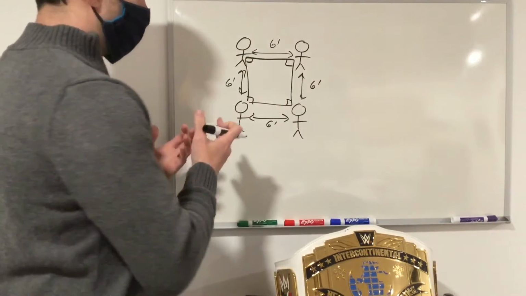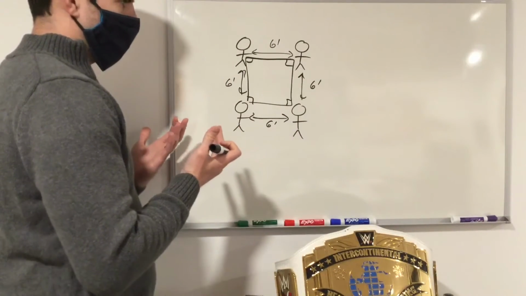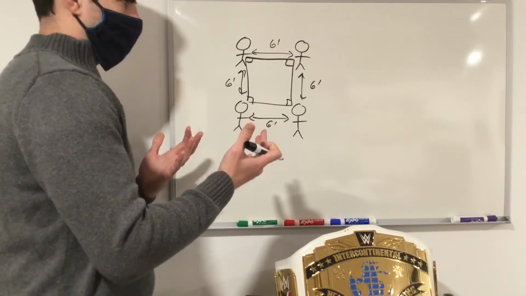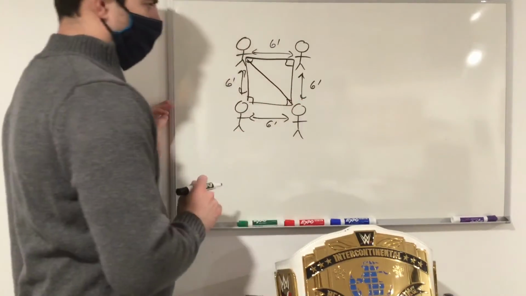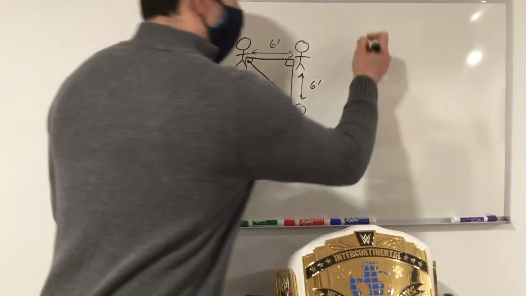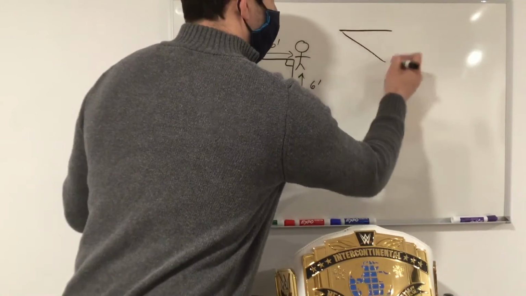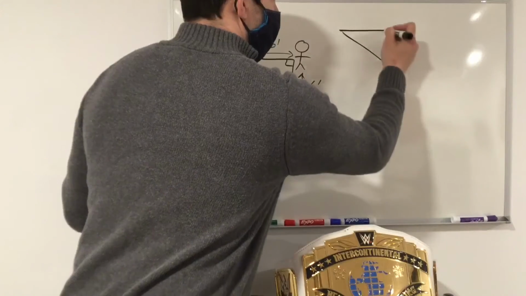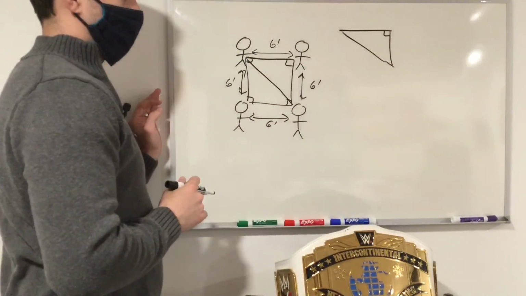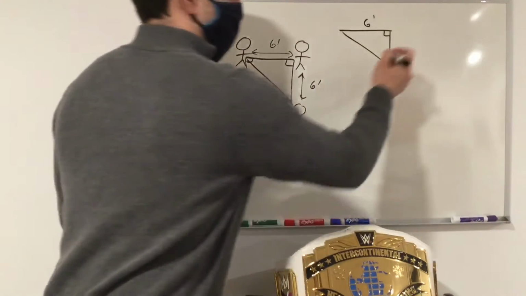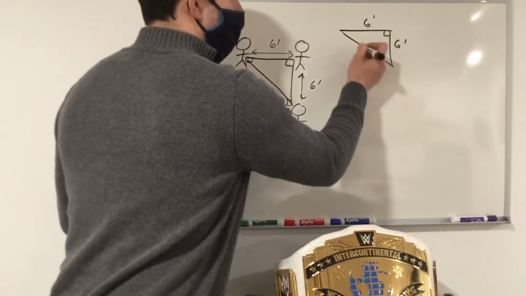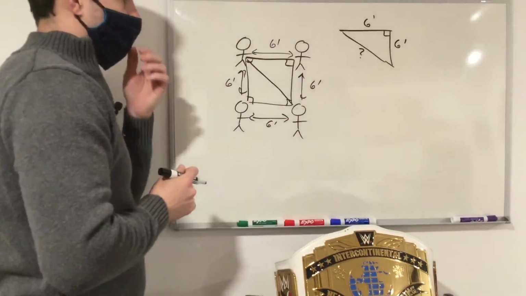Let's look at it from a math perspective. If I want to find this length here, and I draw this off to the side, we have a right triangle in which this side is 6 feet, this side is 6 feet, and I want to know what that side is.